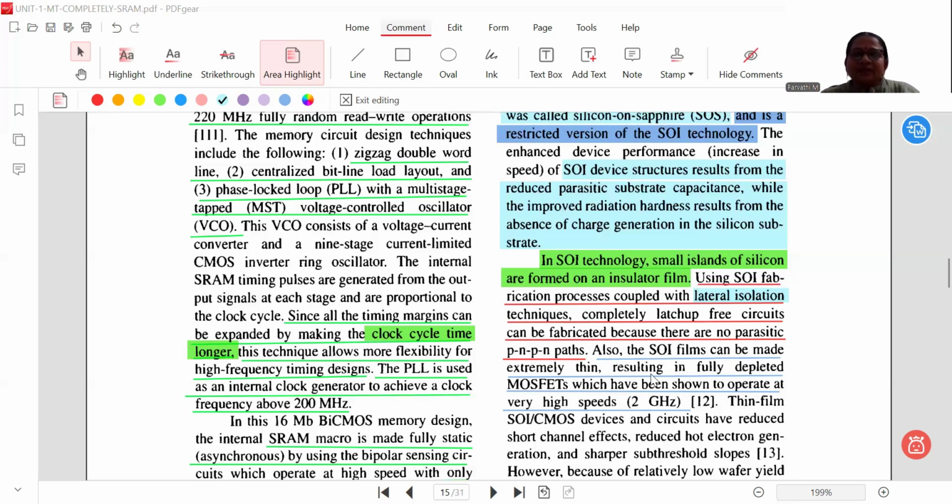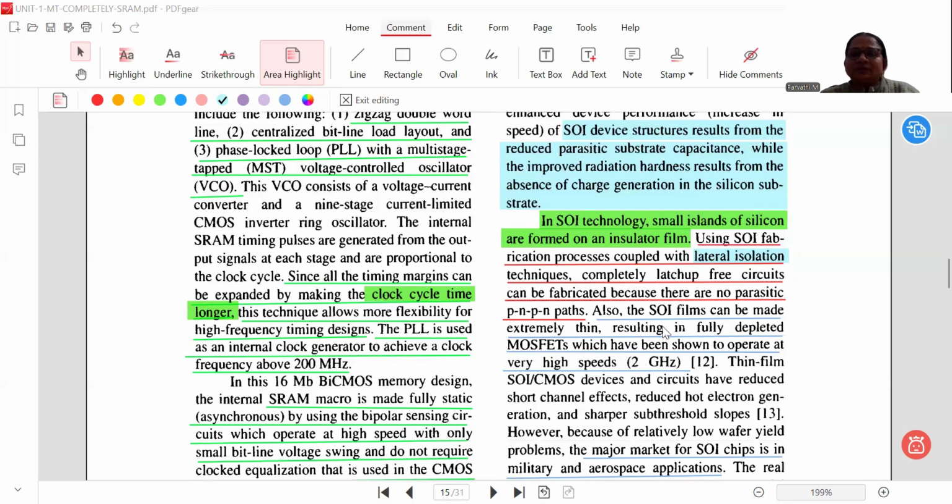It becomes like a latch-up free circuit, and there are no parasitic PN paths within the substrate, and also SOI films can be made extremely thin. Another advantage is that SOI films are made very thin. Due to this advantage, fully depleted MOSFETs can be obtained.